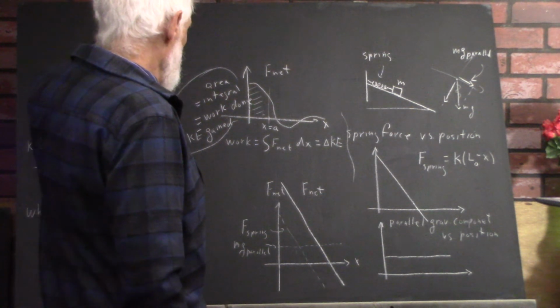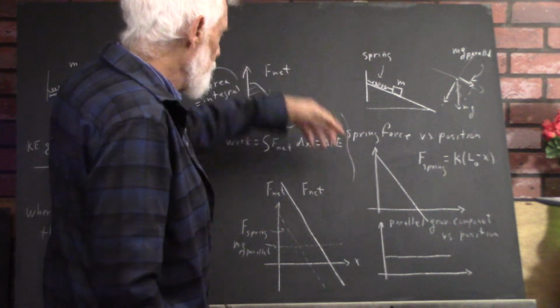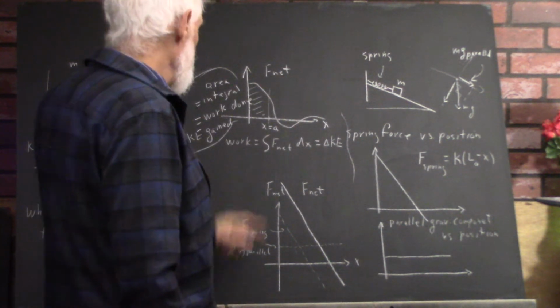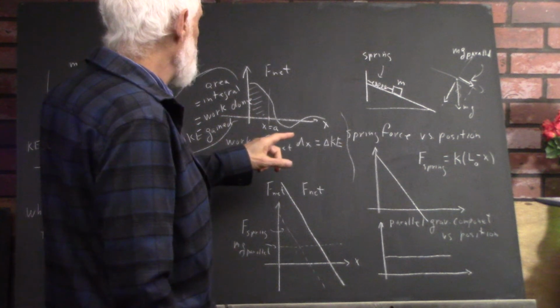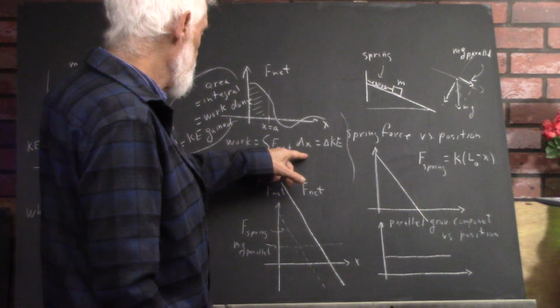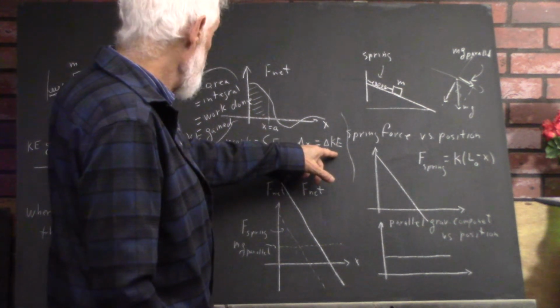Up here we just indicate if you have some net force, and this is not the spring, this is any old net force. Again, the work is the integral of the net force with respect to position, and that's your change in kinetic energy.